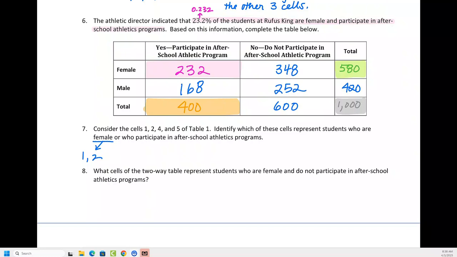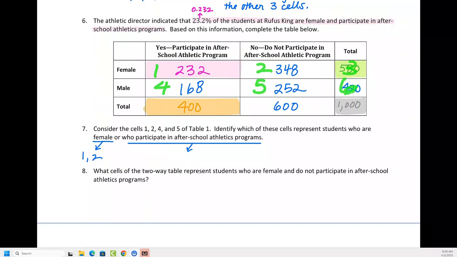Okay, and then which cells represent who participate in after-school programs? Remember, this is 1, 2, 3, 4, 5, 6. I don't do 7, 8, 9. So we just need to look at 1, 2, 4, and 5.